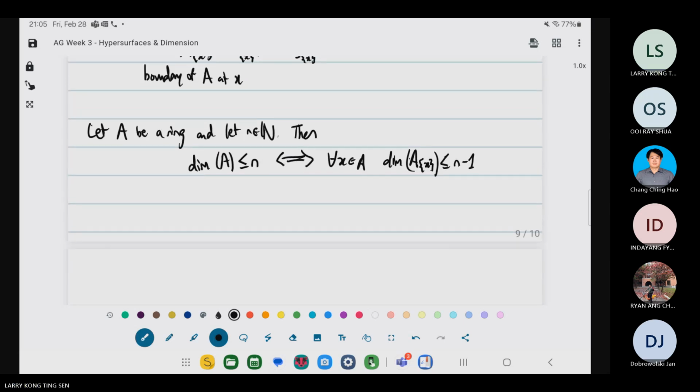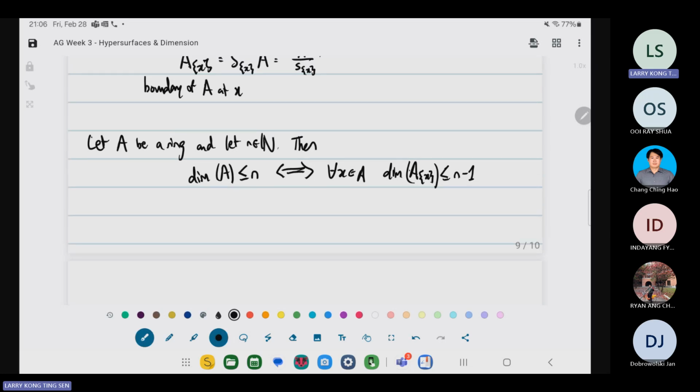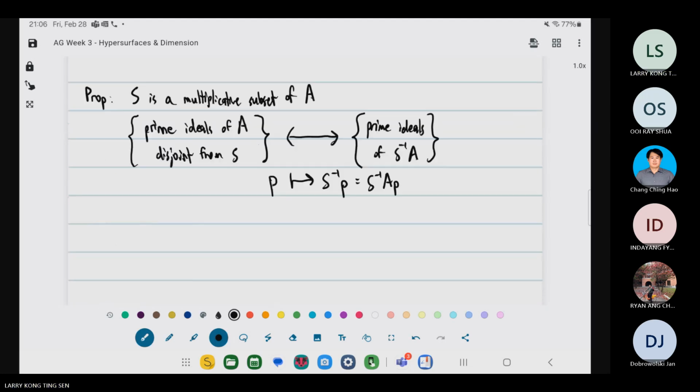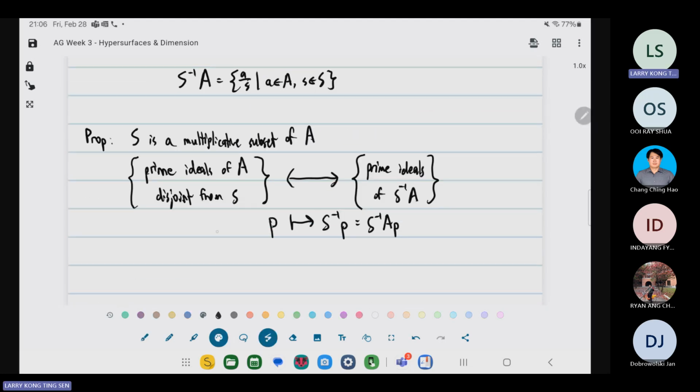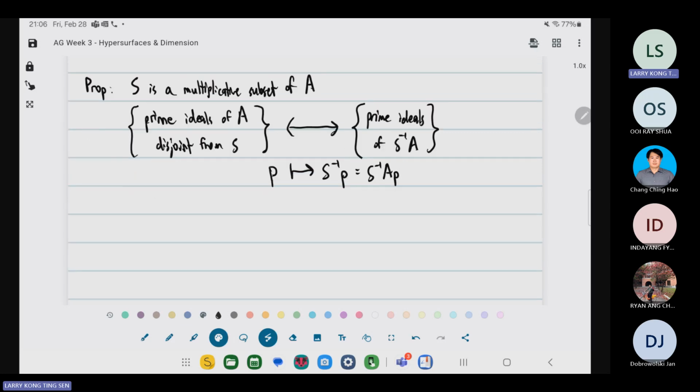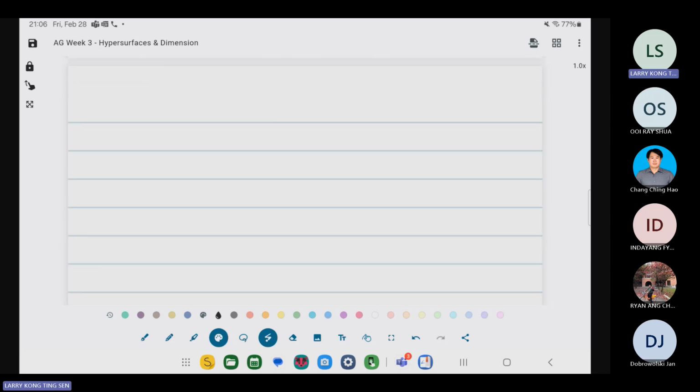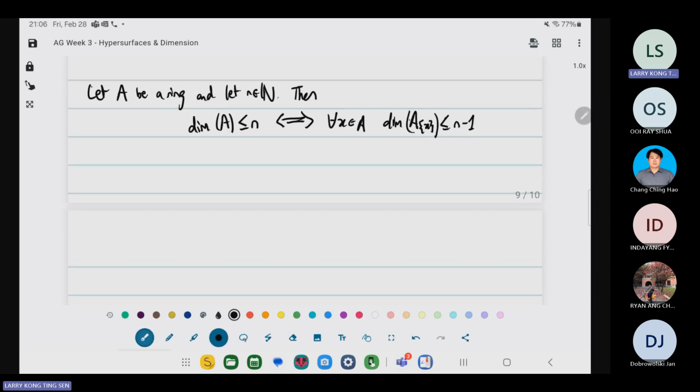This one I'll just give a proof idea because, to be honest, I'm not very sure of it myself. But it basically uses this correspondence just now: the prime ideals of A that are disjoint from S, and the prime ideals of S inverse A. Going back, the idea is that we can always show that for any x in A and any maximal ideal M of A, M intersects S_x.